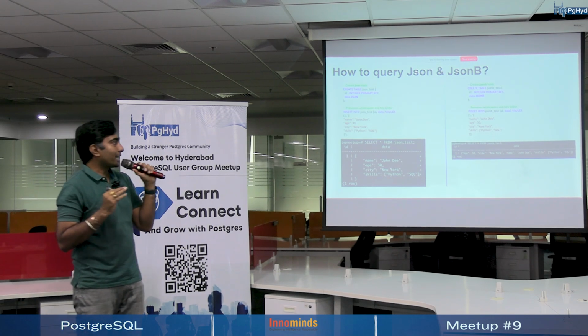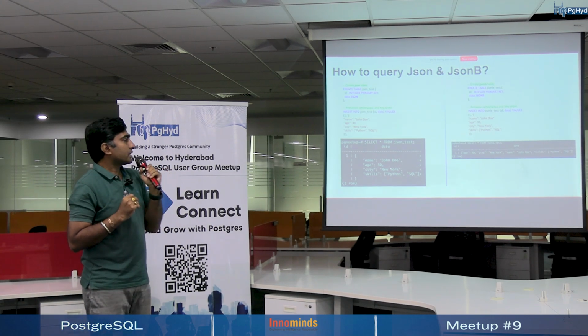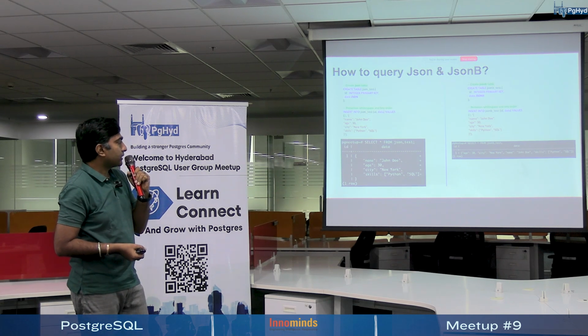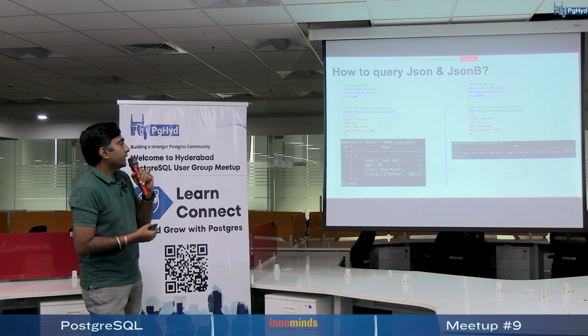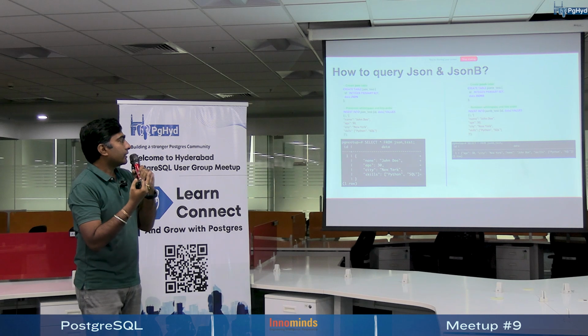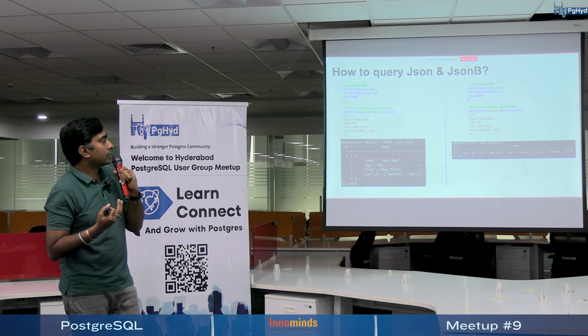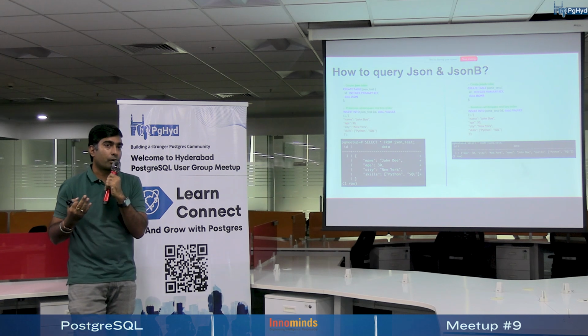It's stored as text. When it comes to JSONB, you can see the difference when we query the data: it is properly formatted and thoroughly validated. One more difference is that the data gets stored in binary format.